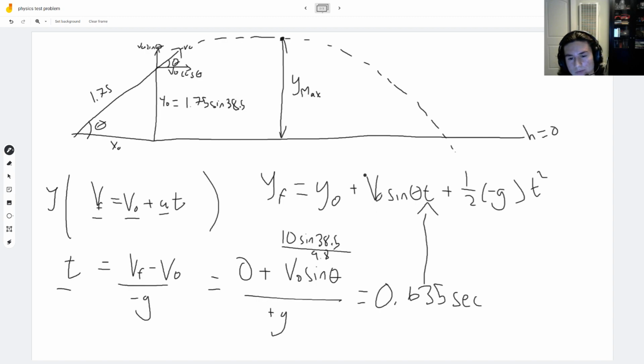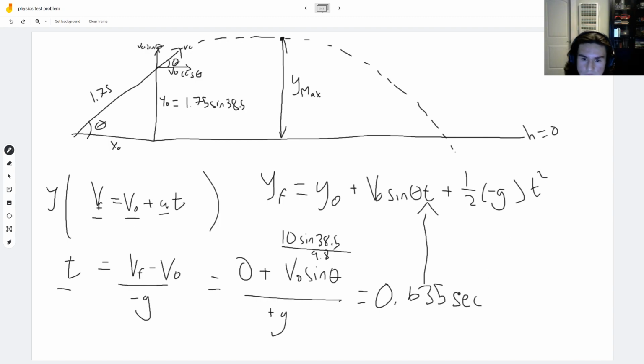We know what v0 sine theta t is, that's just this value, or we can just say our initial velocity is 10, theta is that, t again is this, and 1/2 negative g, so it's negative 9.8 times 1/2, which is negative 4.9, and then we have our t squared, which again is just going to be this number.